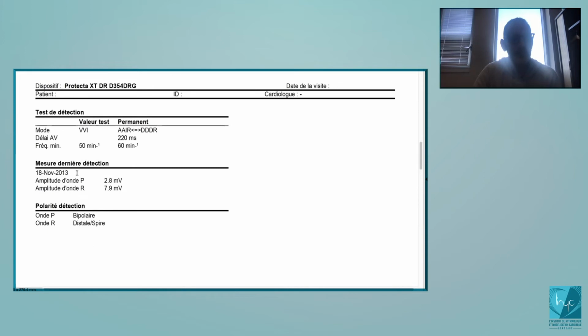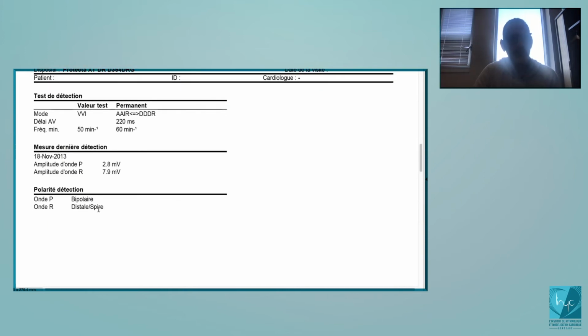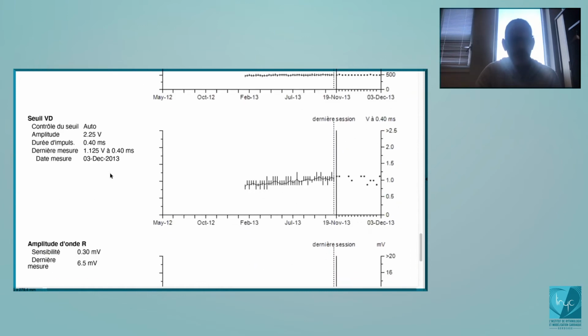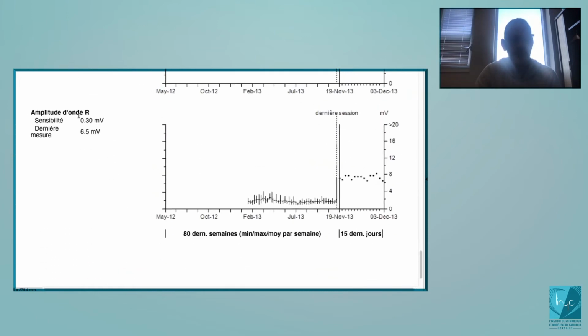And then we have modified, you see, the parameters to distal spear, so tip to coil, okay? This is in French, and you see here the considerable increase in the amplitude of the R wave. And now, if you look here, the R wave before programming, you see, very small R wave.